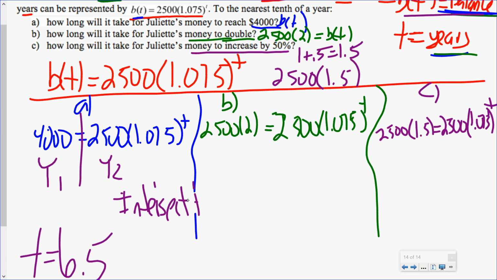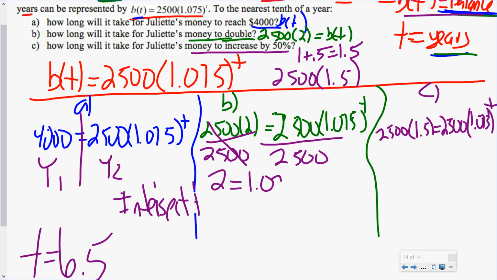It's an exponential equation, so my first step is to isolate by dividing both sides by 2,500, and essentially those 2,500s cancel. Now that I'm isolated, since I have a variable in the exponent, I'm not going to do the reciprocal power, I'm going to do the log of both sides.